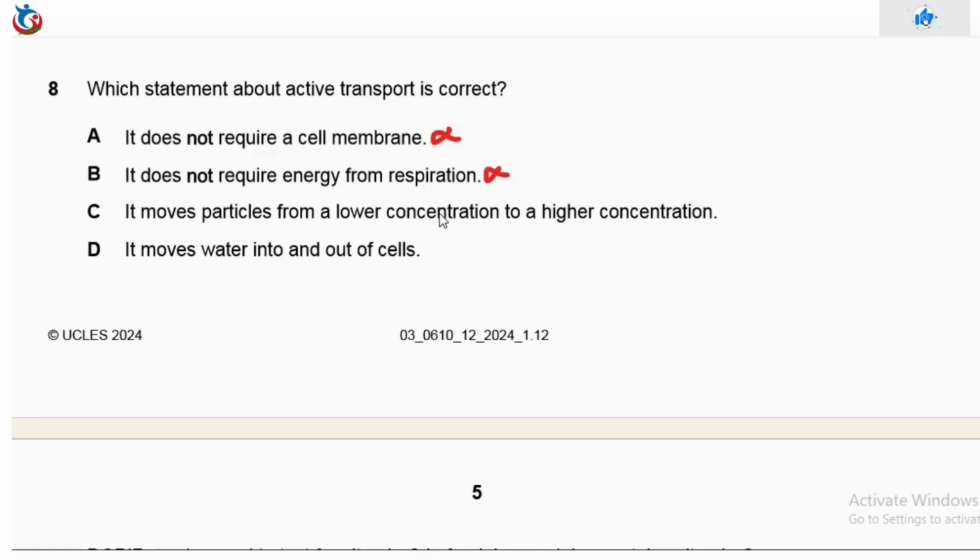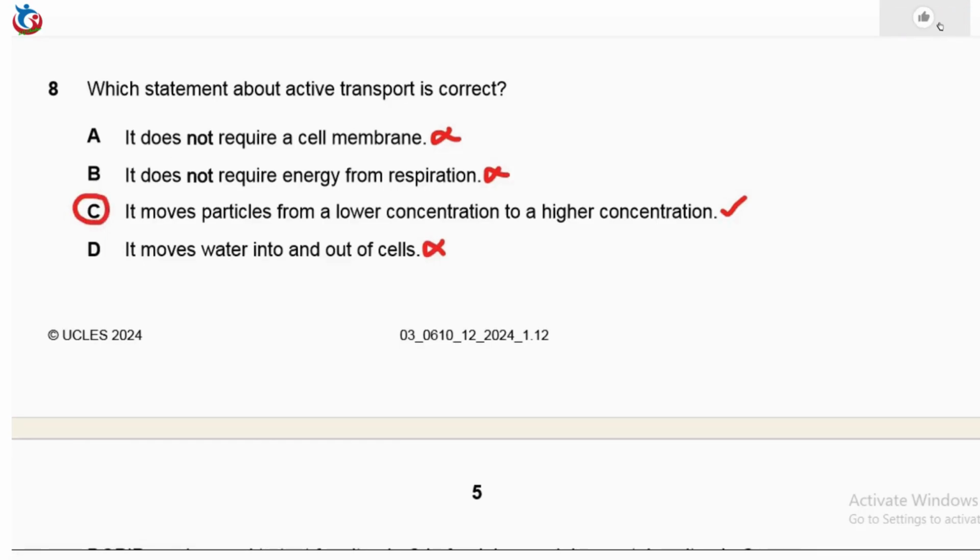Option C. It moves particles from a lower concentration to a higher concentration. That is perfectly said about active transport. Then option D. It moves water into and out of cells. No, that is not correct about the active transport. So the correct answer to this question is option C.